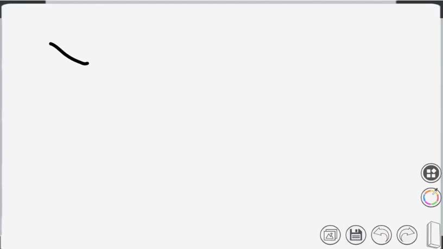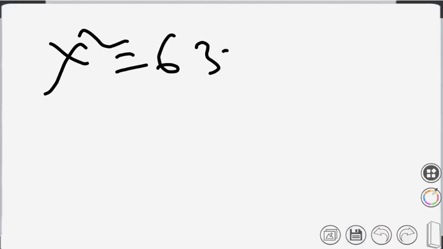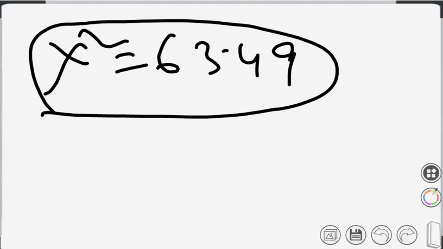So equals 63.49. So that is the calculated value of the chi-square.